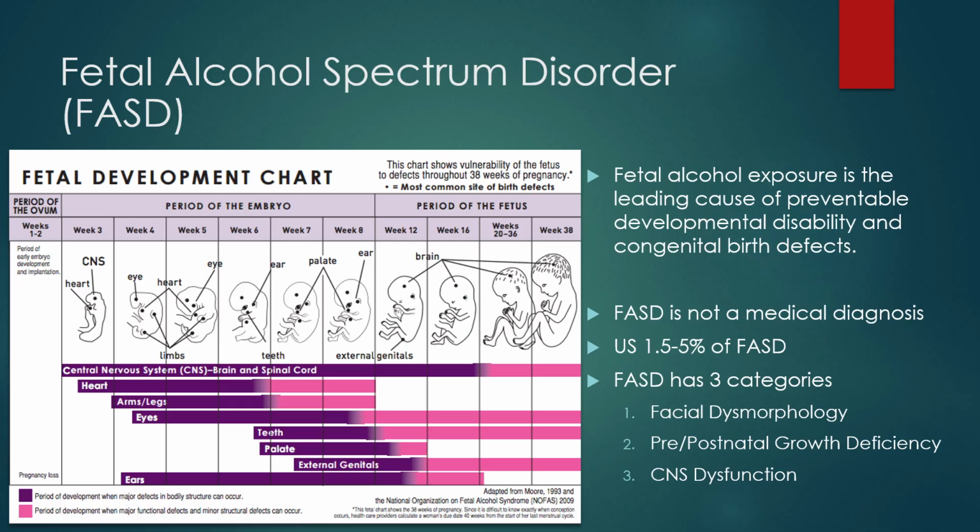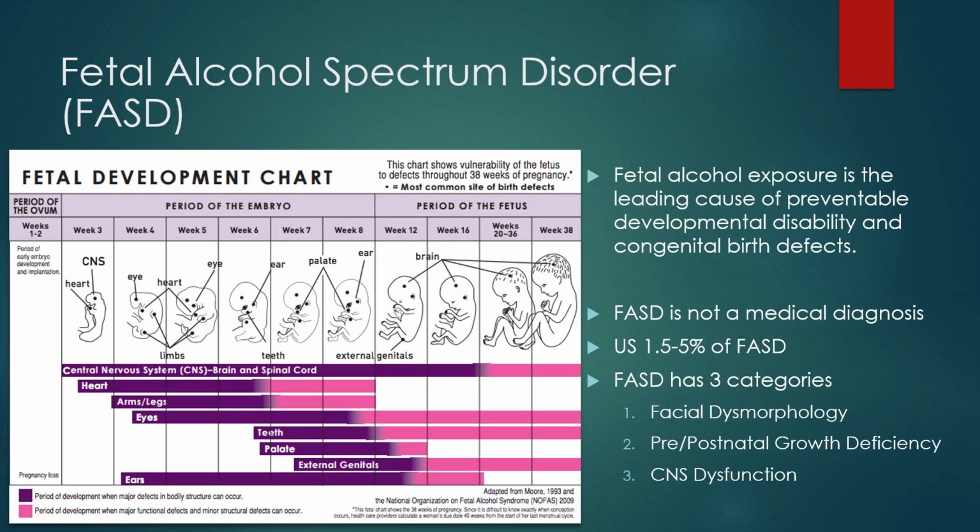1.5% to 5% of kids in the U.S. fall under one of these three categories of FASD, which ranges from mild to severe. There are abnormal physical attributes, there's growth deficiencies, and central nervous system dysfunction that can result from alcohol exposure.